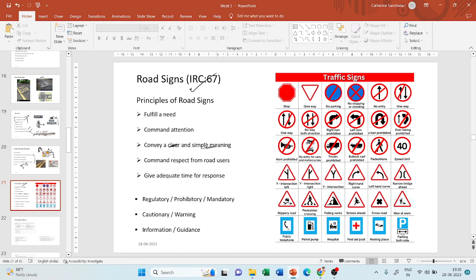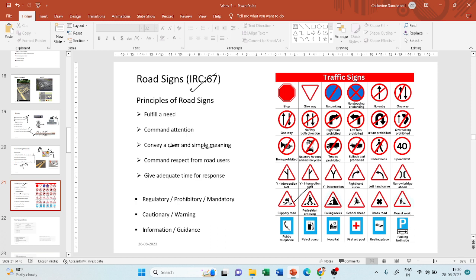And it will give adequate time for response. There is something called placement of signs. You place the signs much ahead of what you are trying to tell the road users. Say if there is a slippery road, you will not tell the road users just before the start of the slippery road.